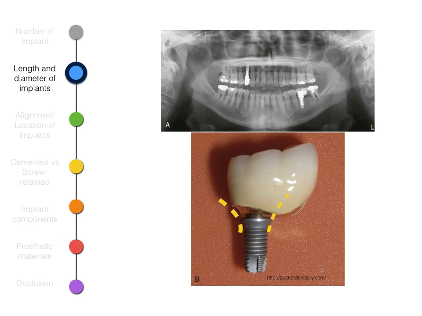As you can see in this case, the implant was placed in the wrong position, which caused the distal side of the crown to be much wider than the mesial side. So the emergence profile on the right side, the distal side, is way more than the desired emergence profile.